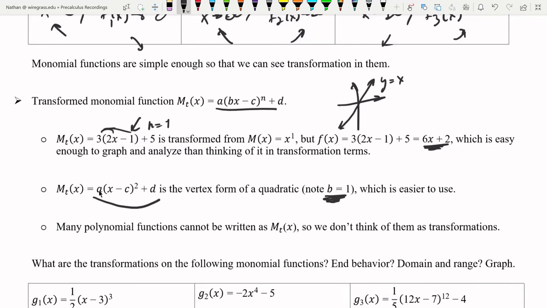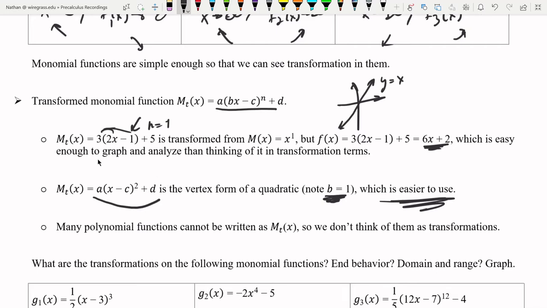And how you find the vertex form, b will always equal 1. The vertex form is actually easier to use than looking at a transformation. So I recommend looking at the vertex form and, like for a linear function, just the linear function by itself rather than transformations.